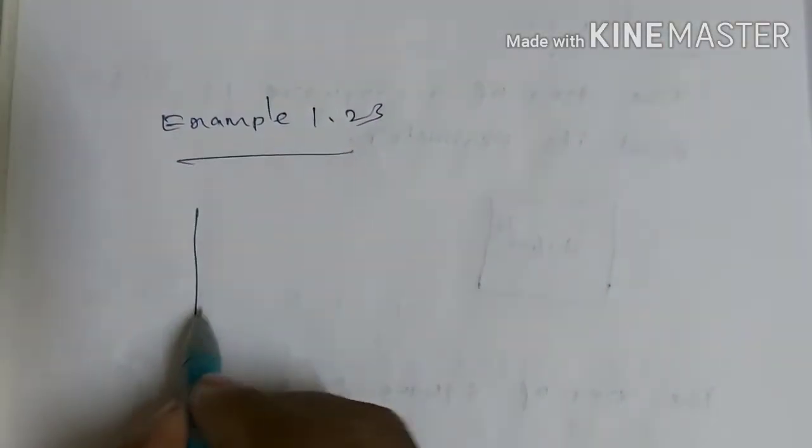Next sum, example 1.23. A real estate owner had two flats, a square flat of side 39 meter and a rectangular flat of dimension 100 meter length and 64 meter breadth. He sells both of these flats and acquires a new square flat of the same area.